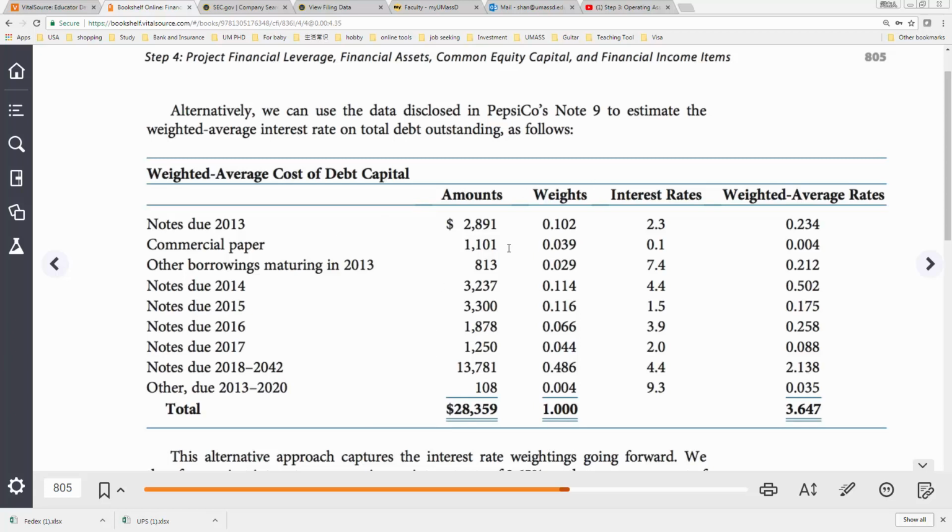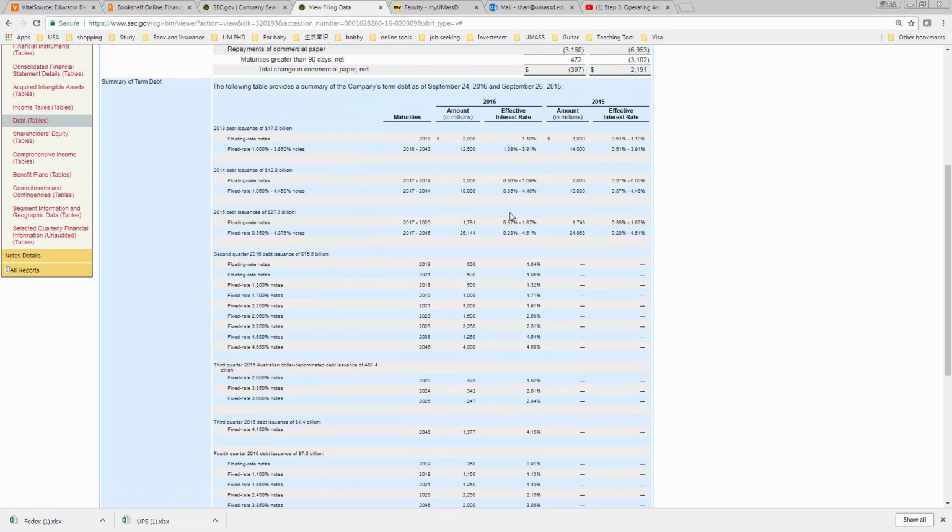This is the amount, the book value of the debt, and we can calculate the weight, right? And this is the interest rate for each debt. We can calculate a weighted average rate of 3.6%. And this information is also available in Apple's disclosure, right?